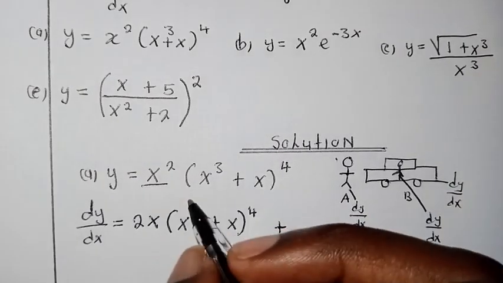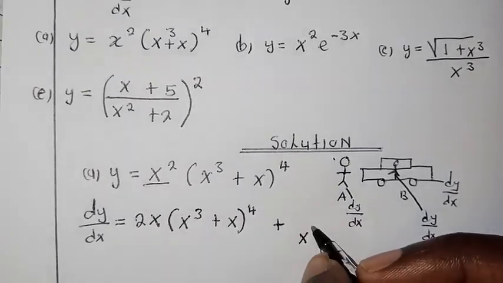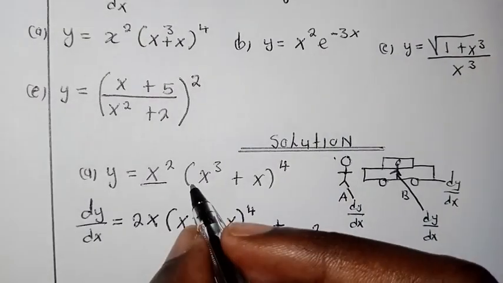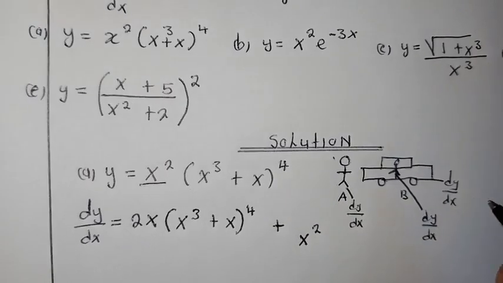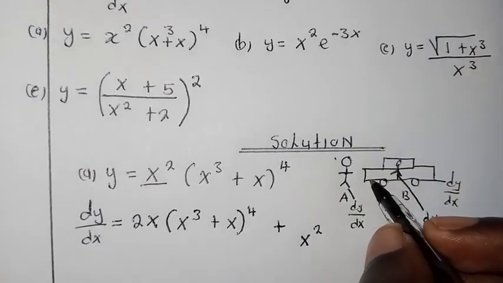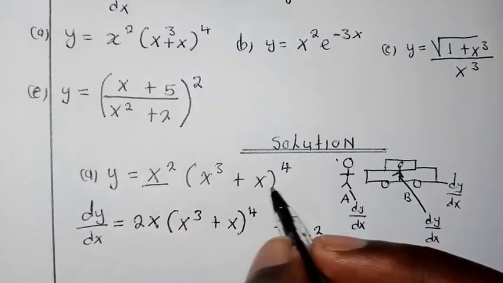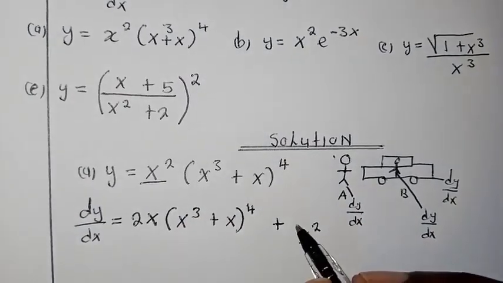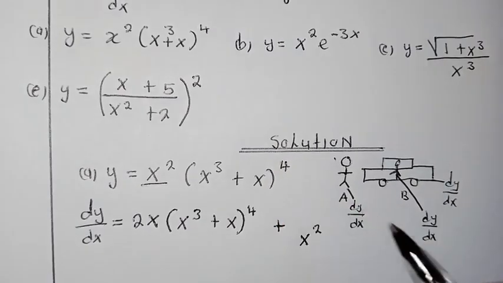Now, this time around, we are going to maintain this guy. Then we deal with this guy. But remember, I said that we first of all find dy dx of the vehicle. In this case, which one is the vehicle? The brackets. So we're going to find dy dx of the brackets. Remember, the brackets are carrying the power 4.